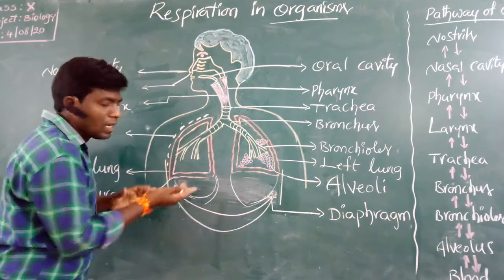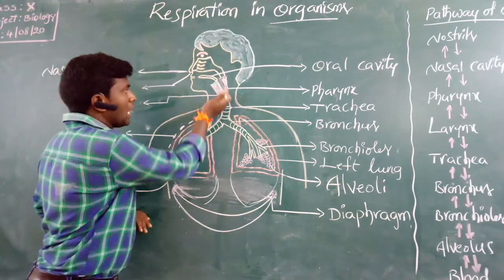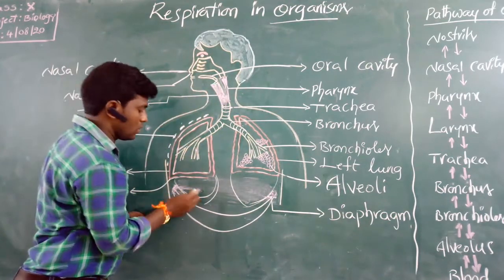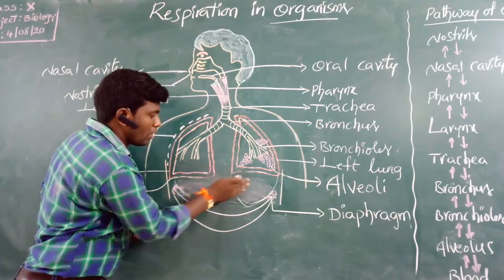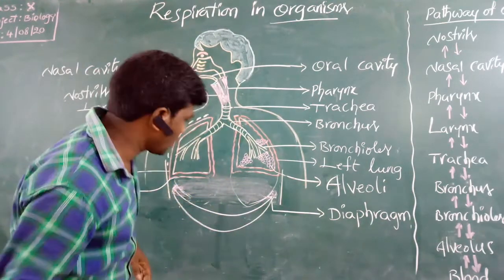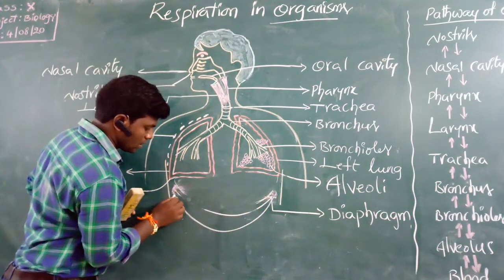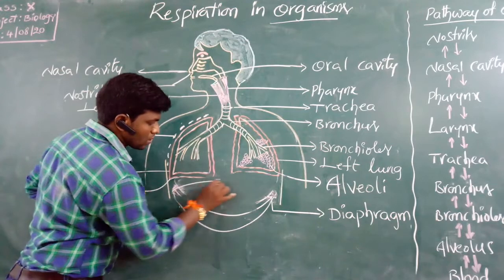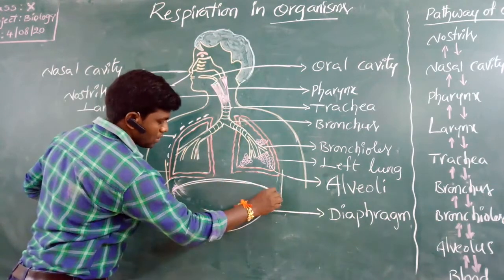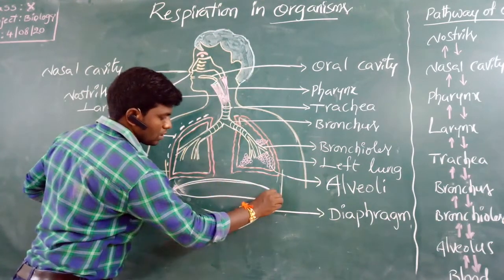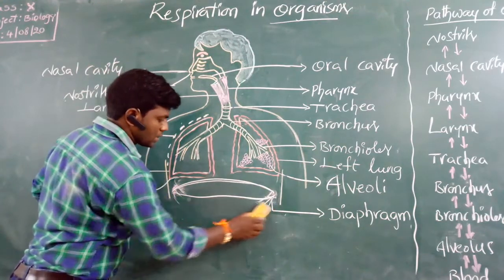At the time of expelling carbon dioxide, the lung volume decreases, and at the same time the diaphragm comes back to the same place. The diaphragm relaxes.